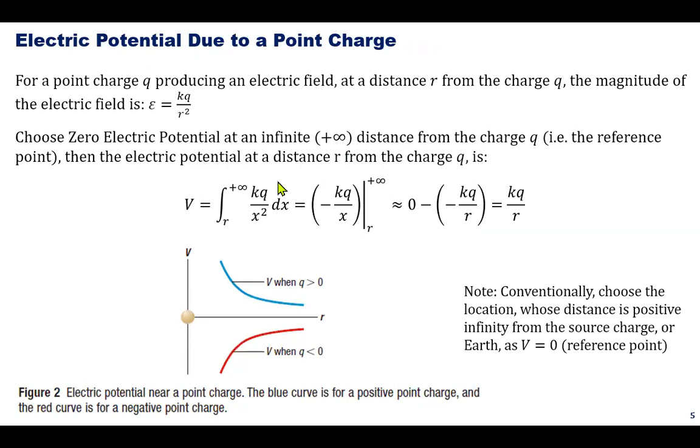Okay, next, let's have a look at the concept of electric potential due to a point charge. Earlier, we have learned about the electric properties of a point charge, right? This simple example is useful in many situations.